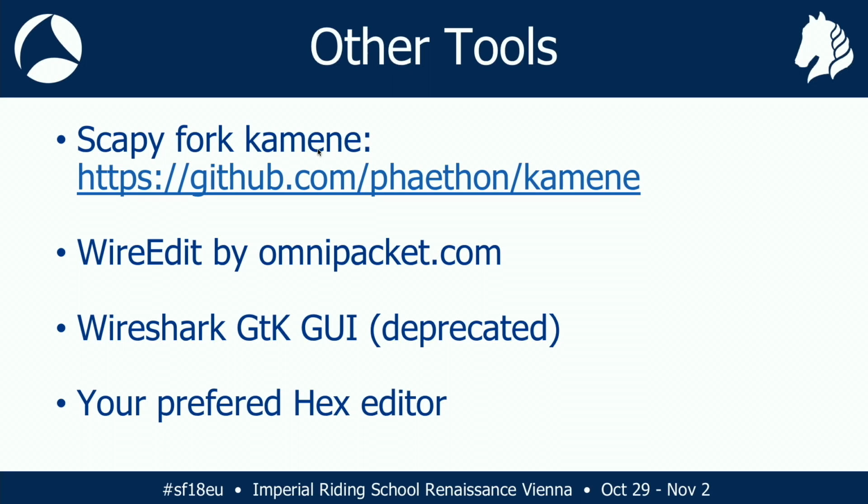I'm still at the original Scapy, and I have no reason to switch, but others prefer Kamene. WireEdit by OmniPeek is also a tool to modify or edit packets. Then, of course, there's a deprecated feature of the GTK UI from Wireshark, where a packet editor is included, and of course your hex editor of choice.